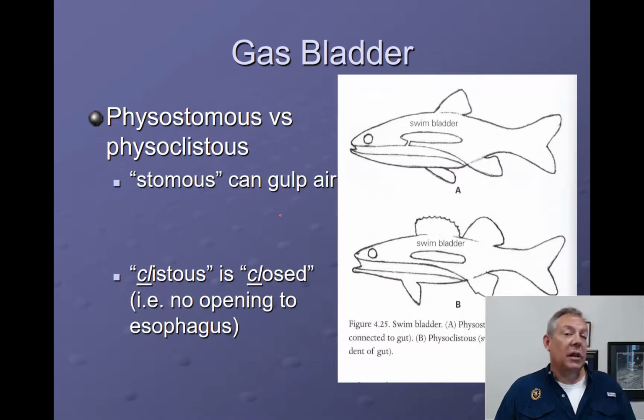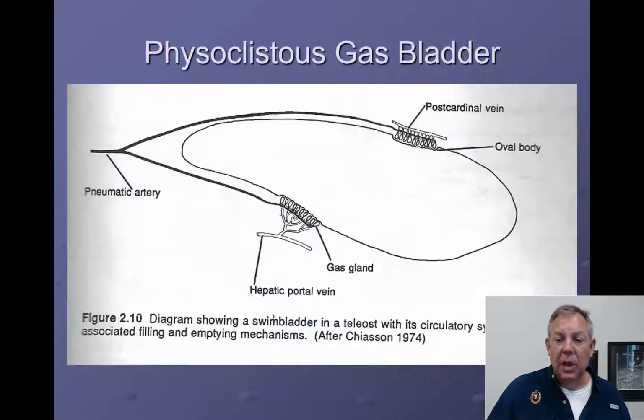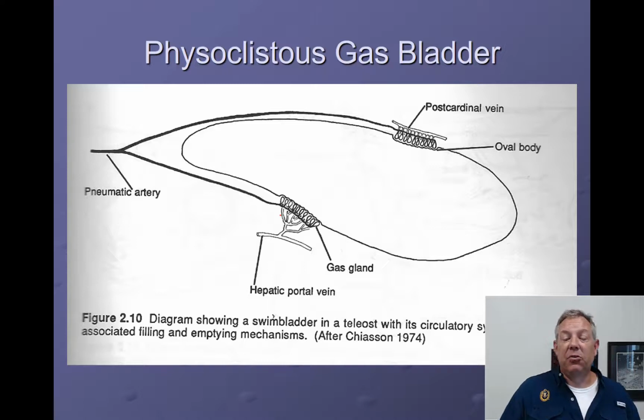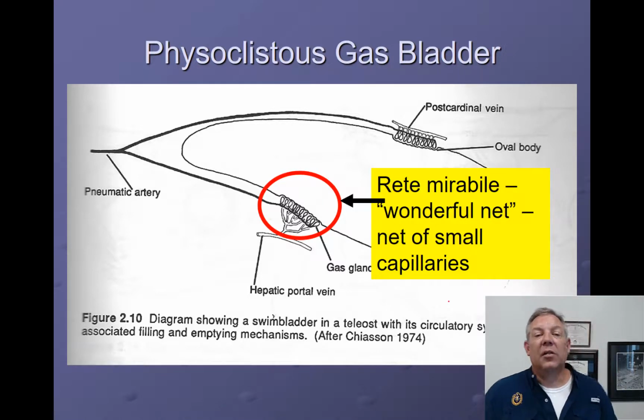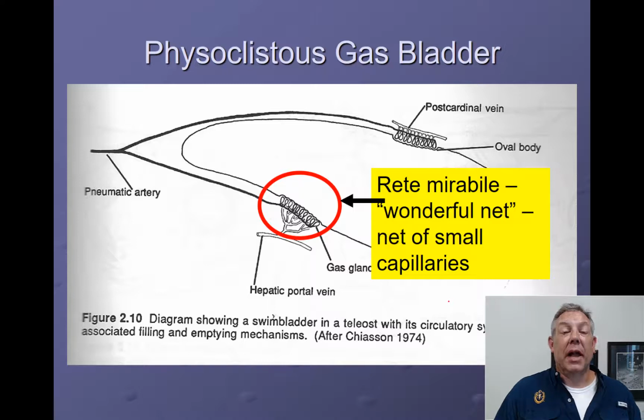And so if it's not connected to the esophagus, how do you fill it with air? How do you get gas in there to regulate the buoyancy? And this is done through diffusion. And so this is a schematic of a typical Physoclistous gas bladder. And you can see you've got arteries running in, and then you've got a couple of these nets of capillaries called Rete Mirabile.